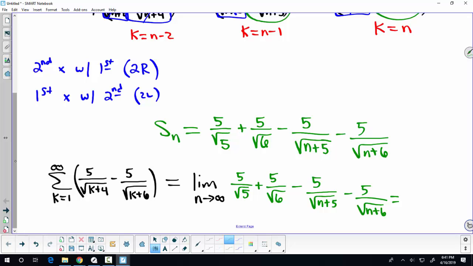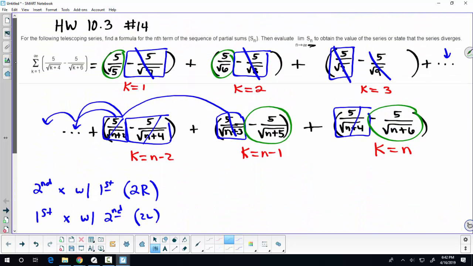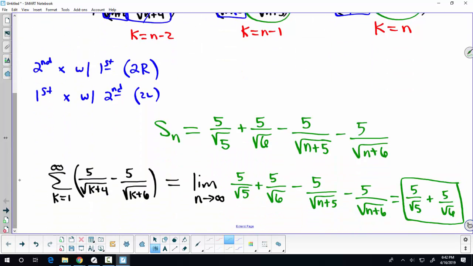We just have 5 over root 5 plus 5 over root 6 as the sum of that series. Let's see. That's probably okay. It doesn't say to write it as a single fraction or anything. Any questions on that?